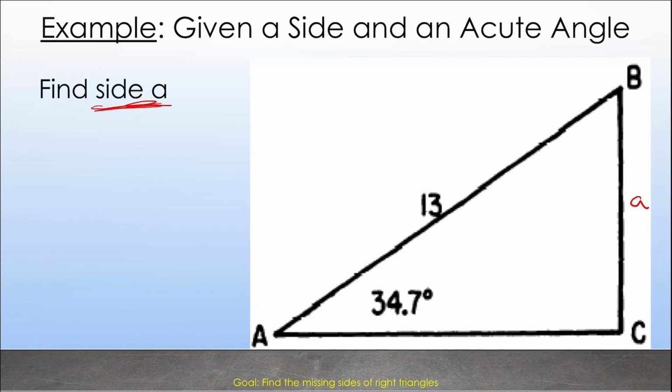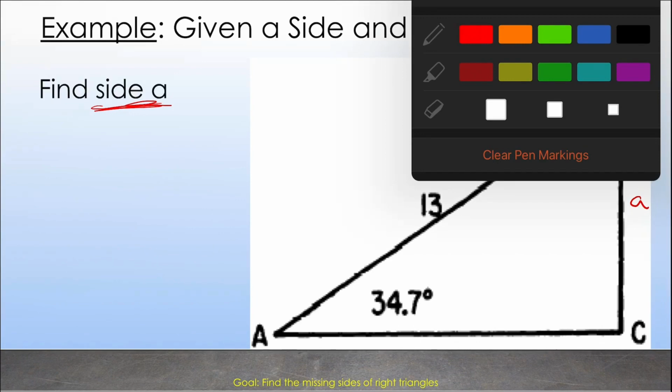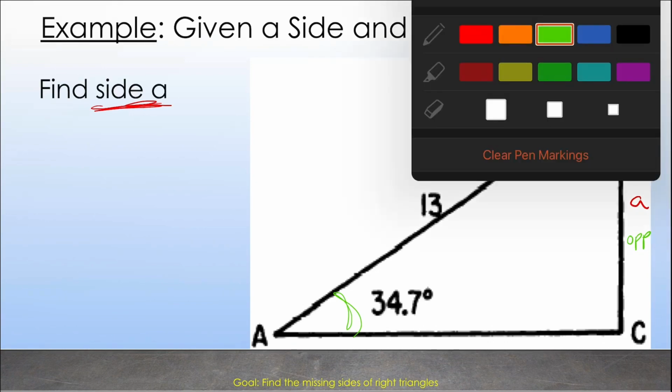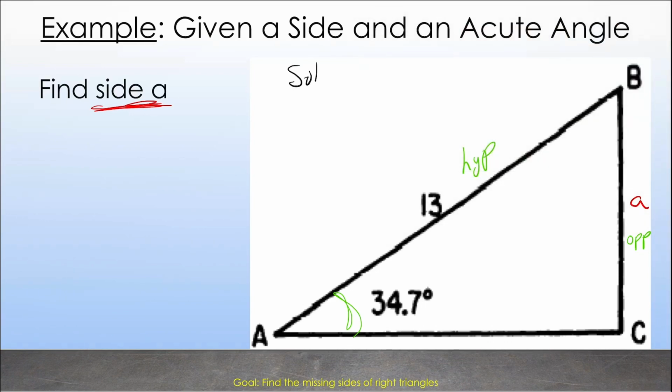All right. So what I'm going to do when I first go about doing this is I'm actually going to define my sides. So if this is my angle right here, I have my side opposite that angle, and I have my hypotenuse. Opposite and hypotenuse, oh, that's my sine.